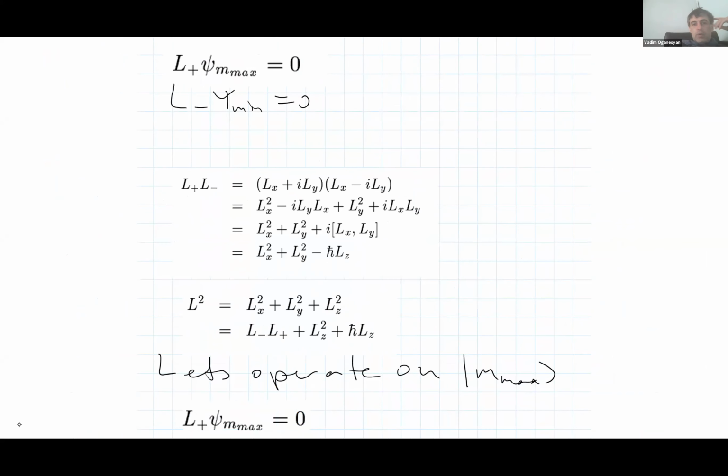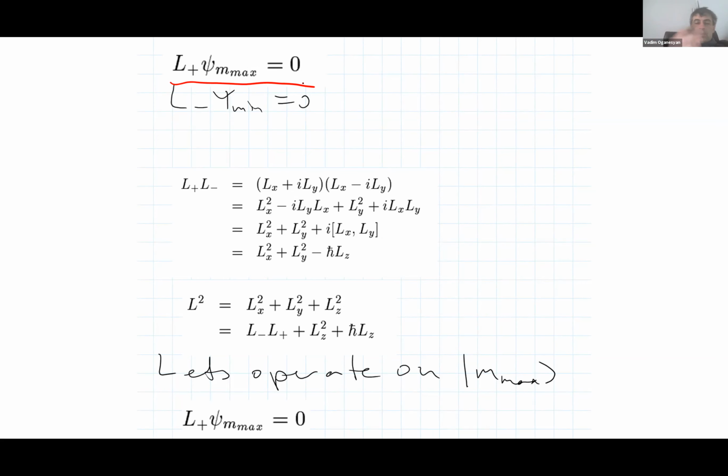Right. So now we're going to play the same game as with the harmonic oscillator. We're going to try to find these m's by saying that there's a ground state of this ladder. In the harmonic oscillator, we said that a and a dagger were lowering and raising operators. What happens when you try to lower the ground state? You annihilate it, you kill it. That's the annihilation operator.